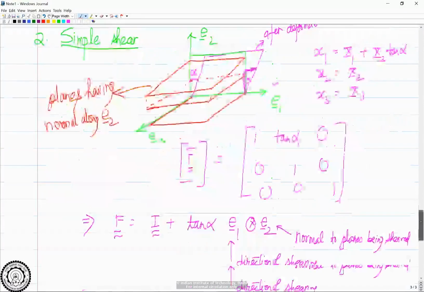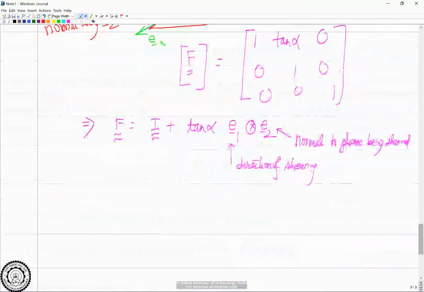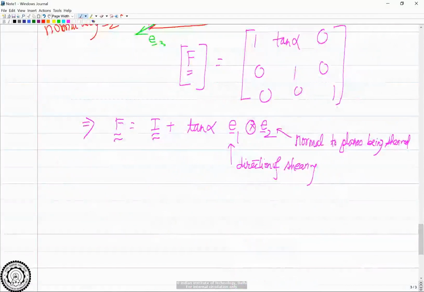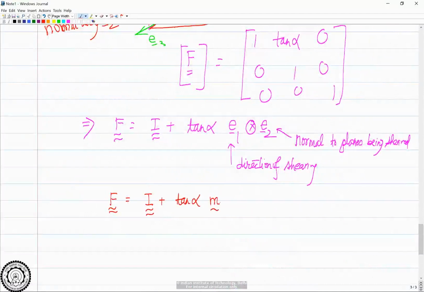Okay, and this is the deformation gradient formula. And for a general shearing, your F will be identity plus tan alpha into big M tensor product big N, where big M is the direction of shear. You see, this need not be along E1, E2, E3.